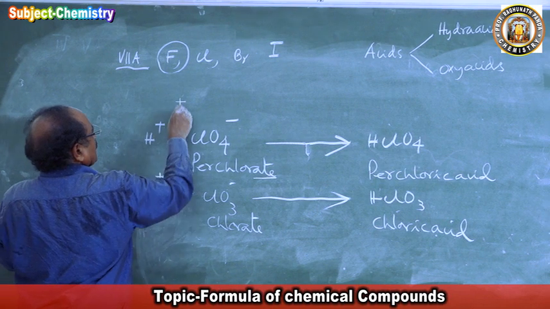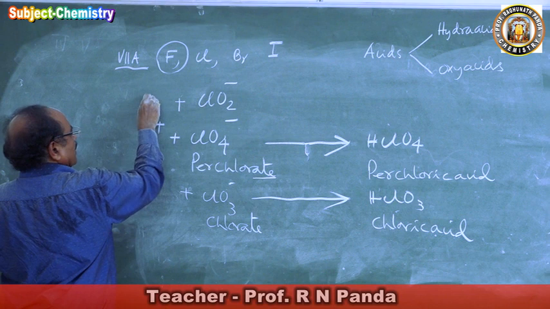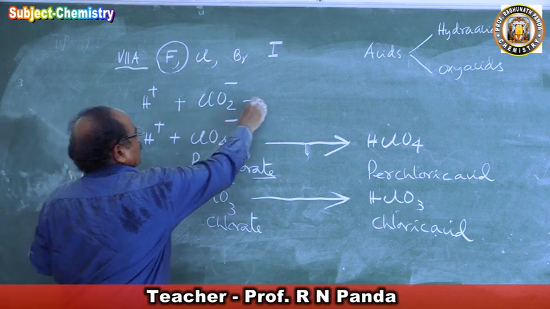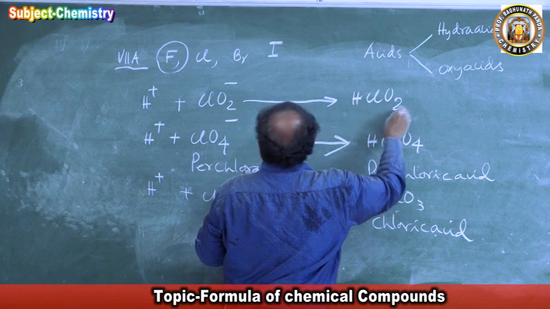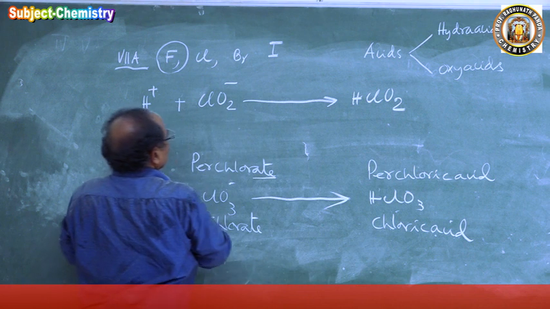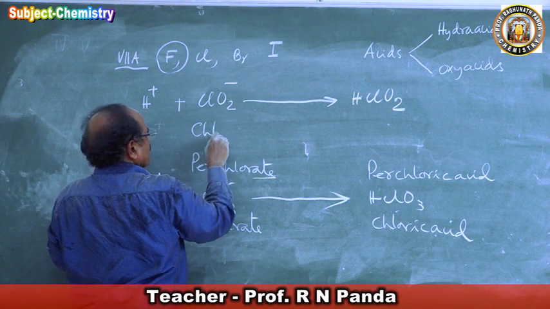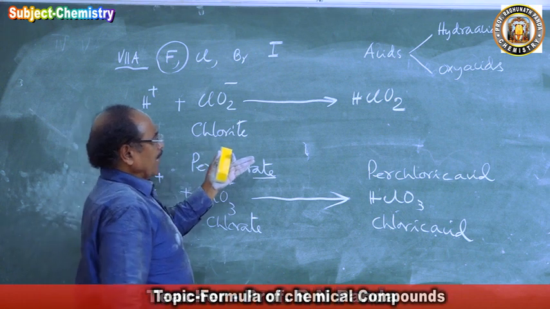Now we'll come to ClO2 minus. So 1 minus, so 1 plus. So this will be HClO2. So this is chlorite. If you remember, I have taught you this, chlorite. So what will happen?